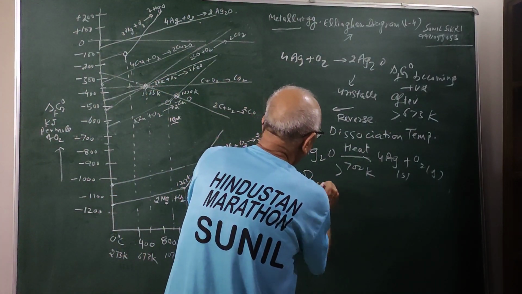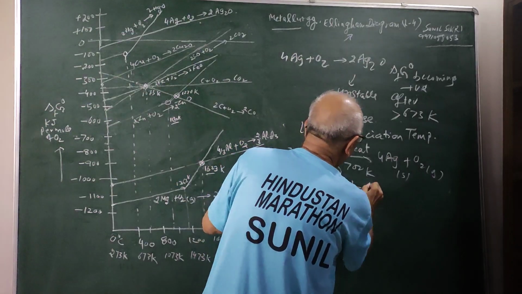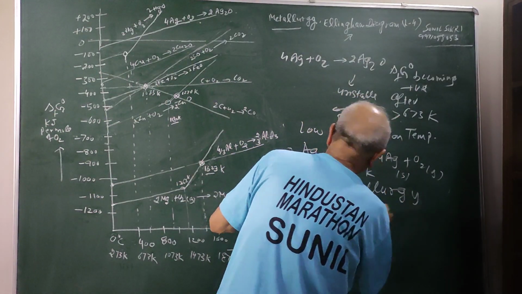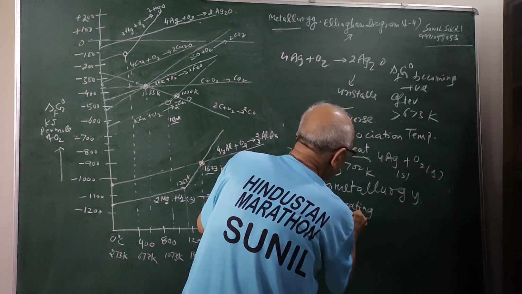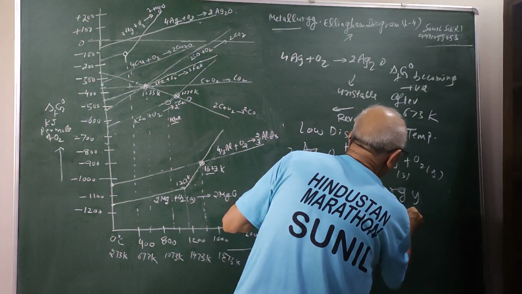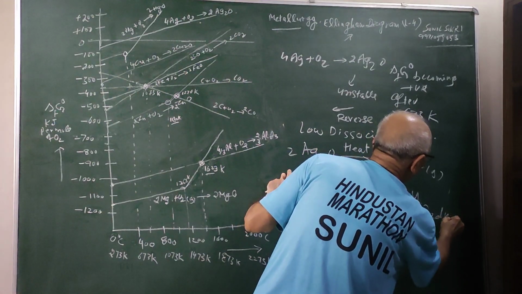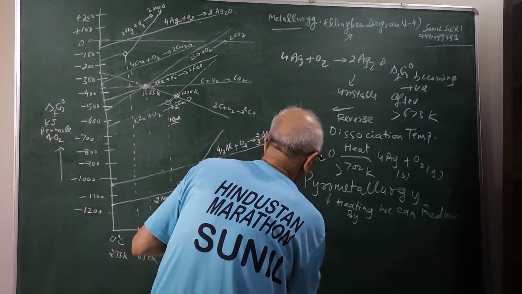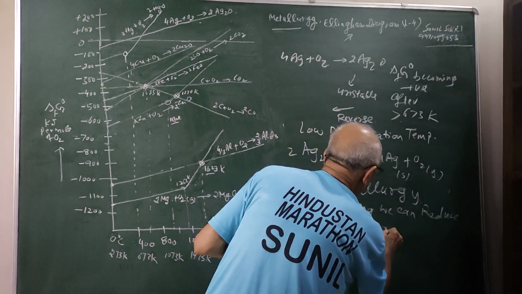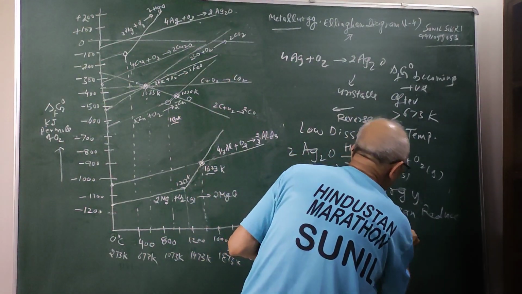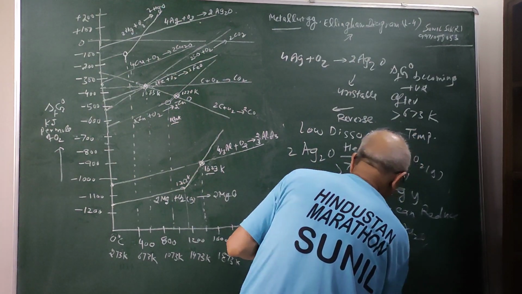This is called pyrometallurgy. Pyro means heating. By heating, we can reduce metals like mercury oxide, gold can be reduced, similarly platinum.